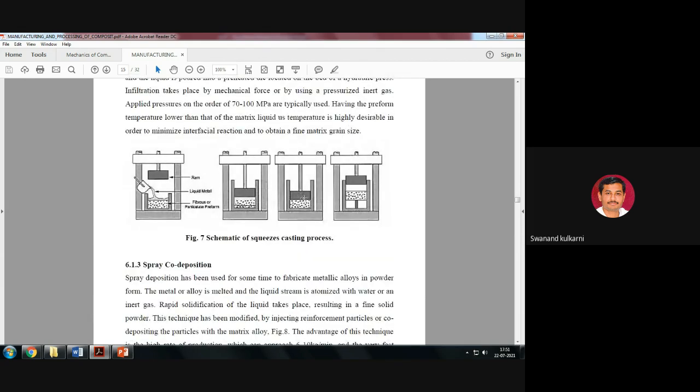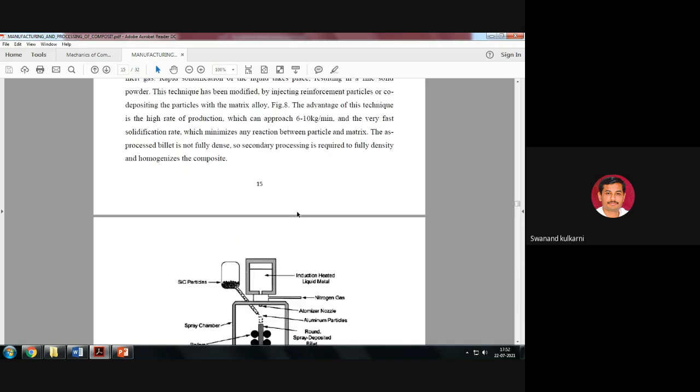Is it okay? Then squeeze casting is one of the important parts that we should know. Squeeze casting is a process in which what is happening? Liquid metal is poured here, reinforcement fiber or particle forms are present here, then pressure is applied on that. Due to application of pressure, we will get a uniform shape of that particular part. Is it okay?